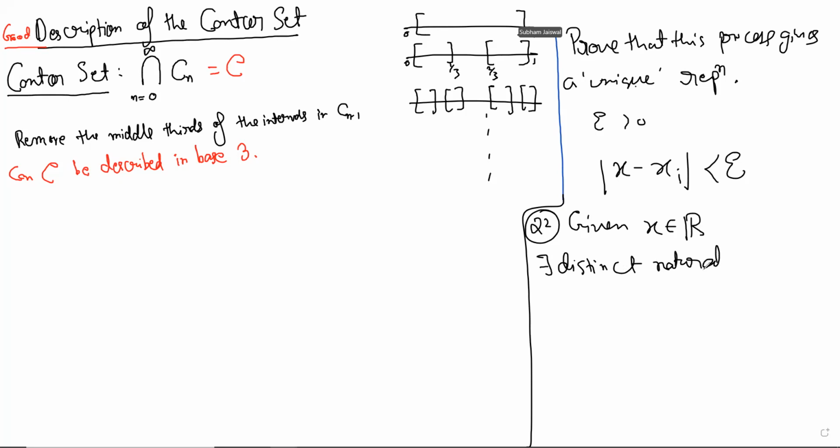But now that we know some analysis, we can do this. Distinct naturals n1 less than n2 less than n3, and so on, such that x is equal to this. This is a pretty amazing result actually. In some sense, it looks very amazing.